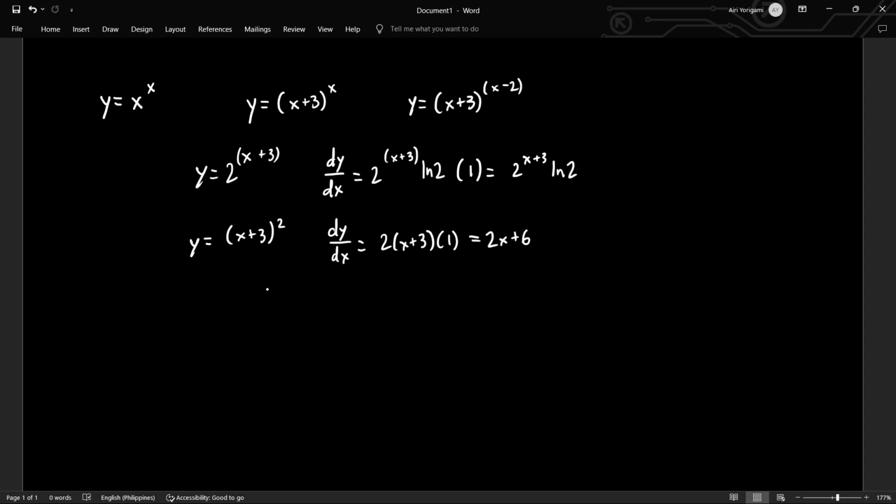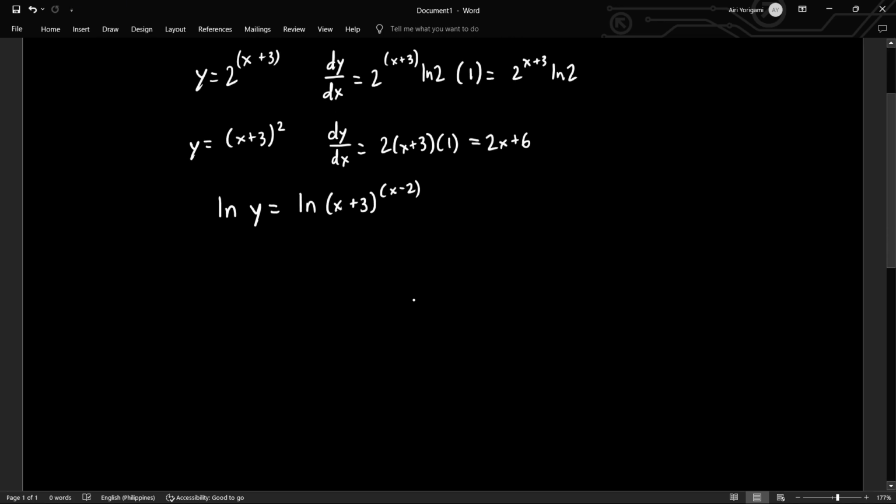But for both ways, they start with the same thing. We take the natural logarithm of both sides. Let's take x plus 3 raised to x minus 2 for an example. We take the natural logarithm for both sides.